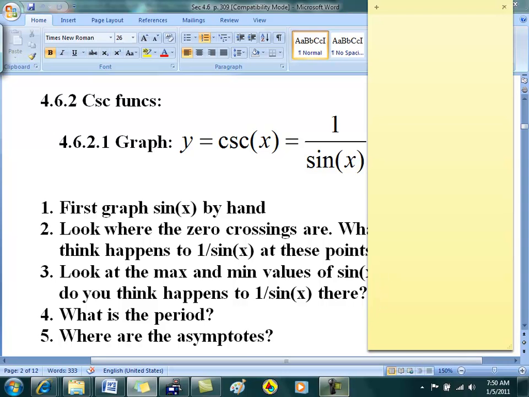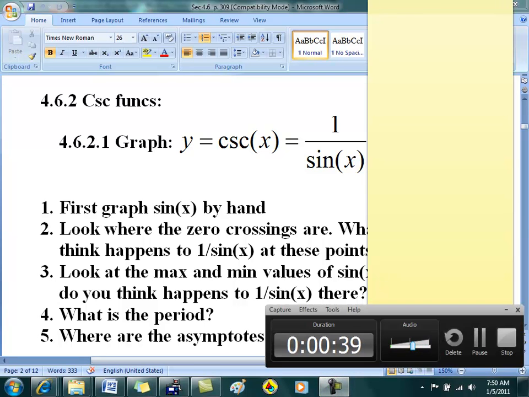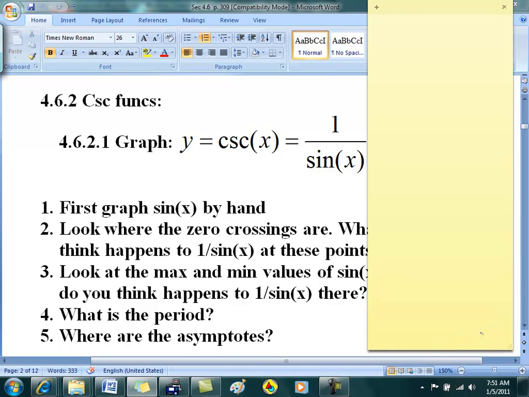Can I call on someone to come up to the board and do me a mother? So it's going to look like there, there, there, there, and there. And so here's your one cycle of mother sine. So this is y equals sine x.